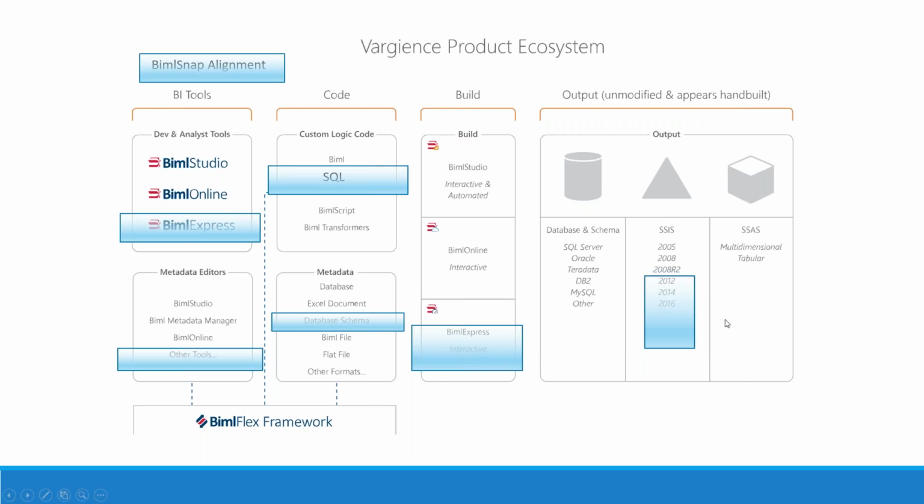Biml does describe more than just SSIS. It will describe assets for SSAS. It'll describe databases and schemas, et cetera. But what we focus on is the generation of SSIS, because that's primarily the sweet spot for using Biml.